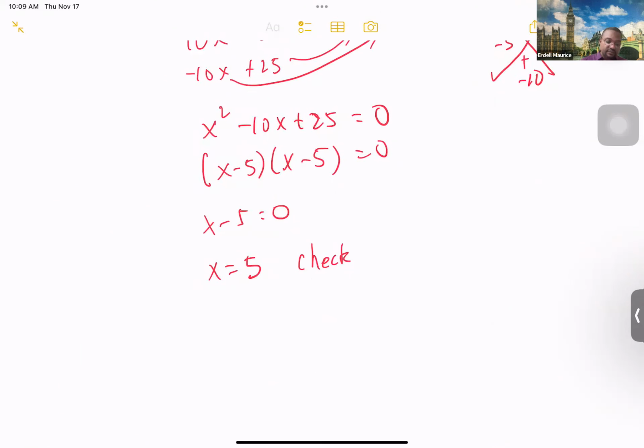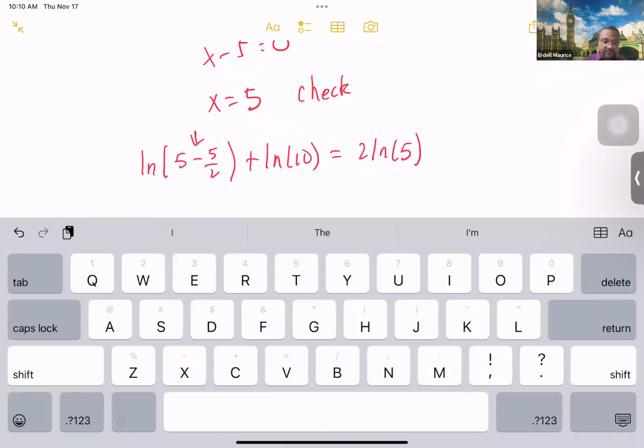So I have to check it by plugging it back into the original equation. You have to use the original equation. Plus ln of 10 equals 2 ln of 5. Plugging back in, 5 minus 5 halves, that's going to be a positive 2.5.